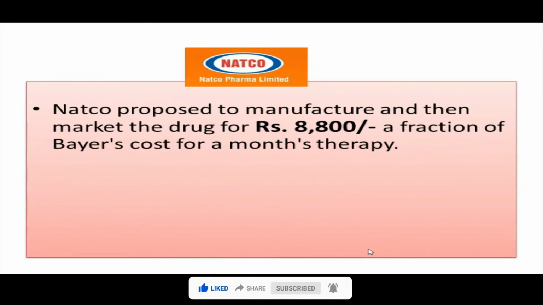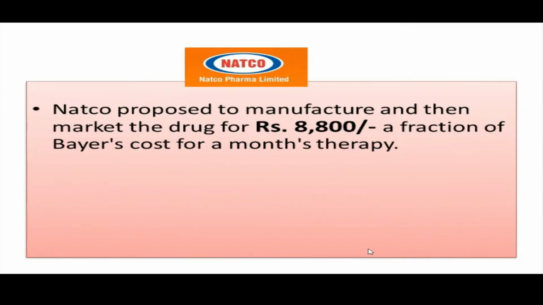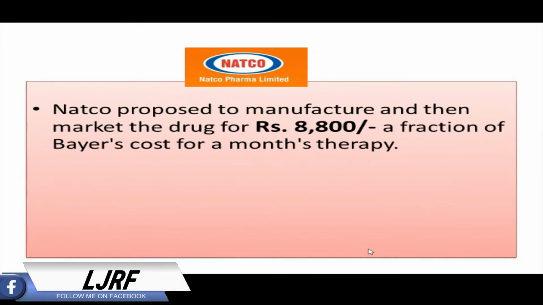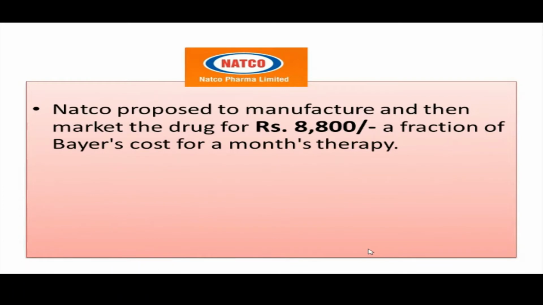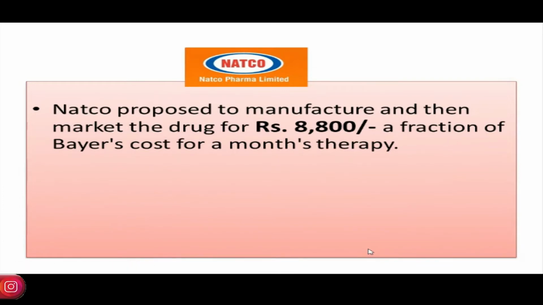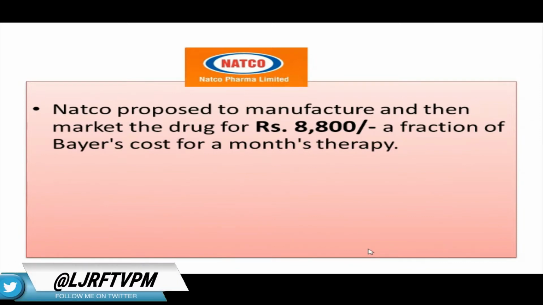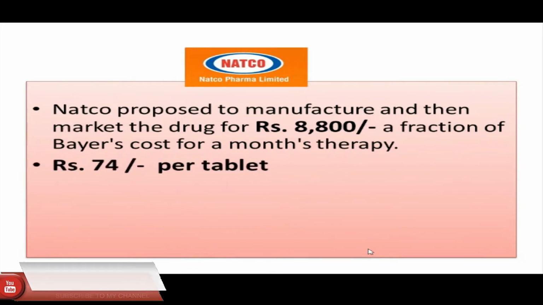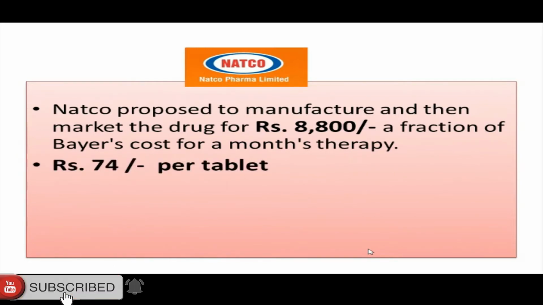They offered a fraction of Bayer's cost for a month's therapy. If you're going for the same drug under Bayer, the price is over 2 lakh, but here it is as low as 8,000. That means as against 2,000 odd rupees per tablet, here only 74 rupees per tablet.